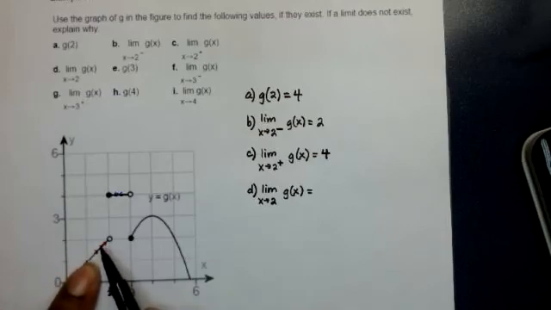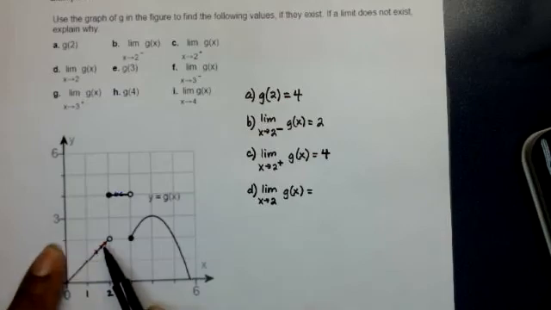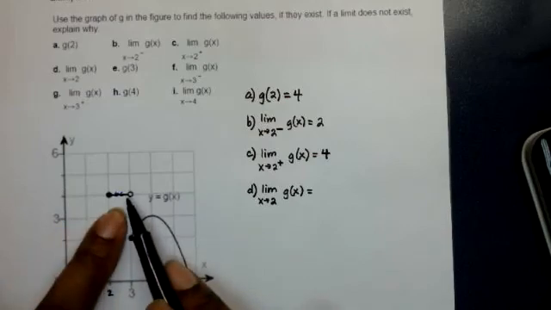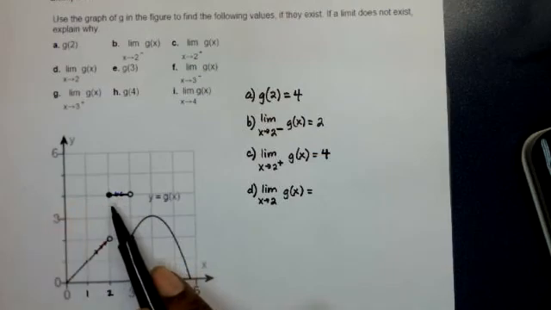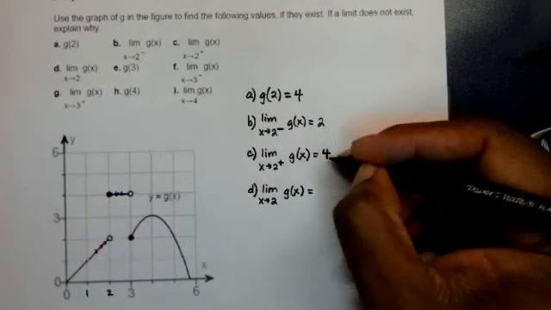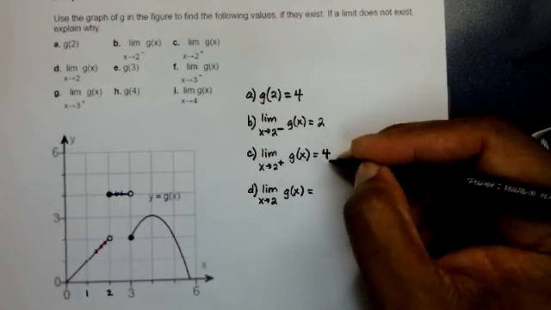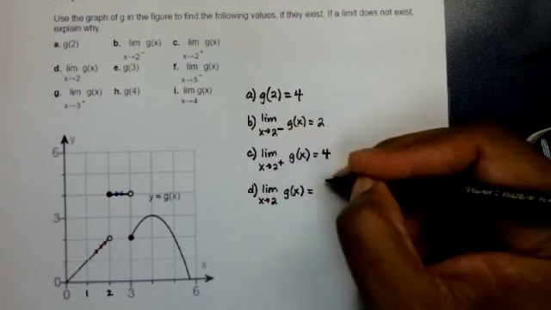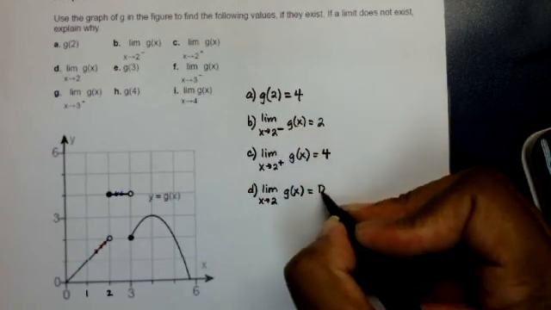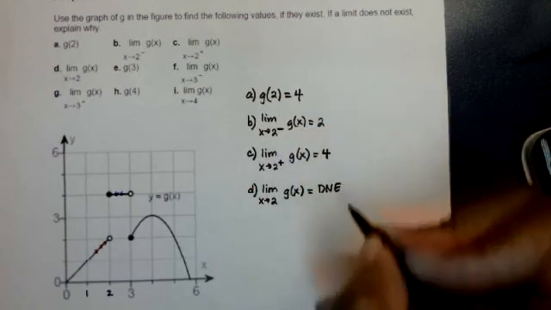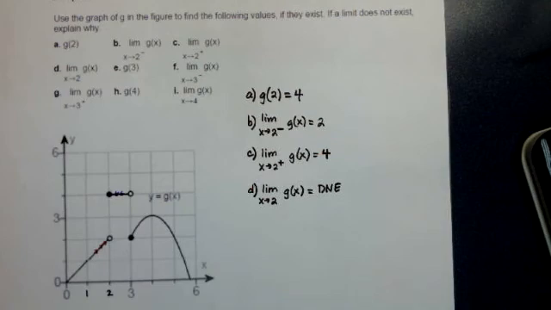Notice here, on the left, g of x is approaching 2, and on the right of 2, g of x is approaching 4. Here we got two different values where the limit is approaching on both sides. So the limit does not exist as x approaches 2 of the function g of x.